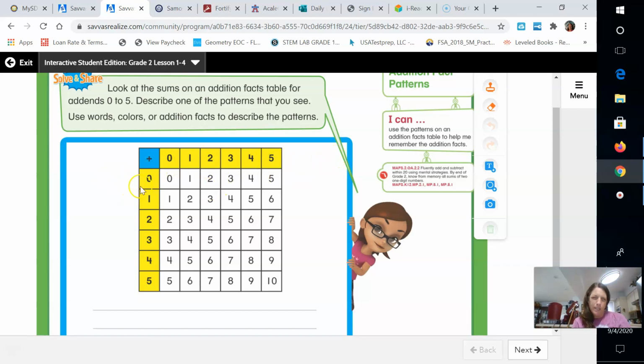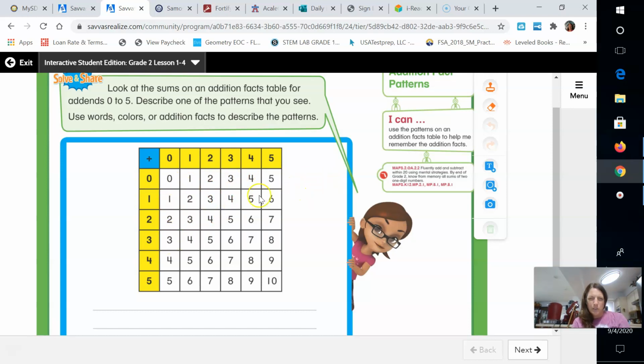These are one addend, these are the other addend. I see the 6's in the diagonal line. Do you see it? What about the 7's? What about the 8's? The 9's? And even down here, look, the 5's, the 4's, the 3's, the 2's, the 1's, and the 0.